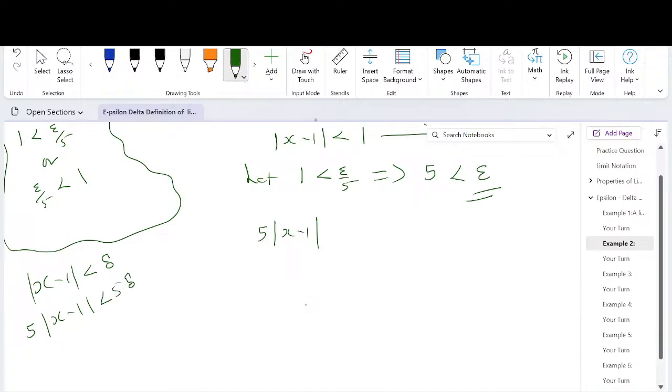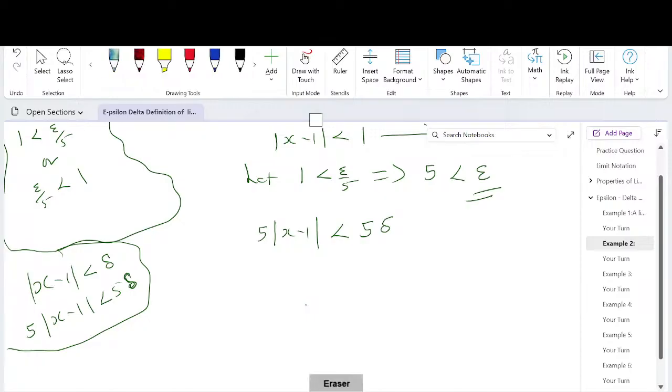Please, you should get used to this, because I won't be writing this from time to time. So that means this one will be less than 5.